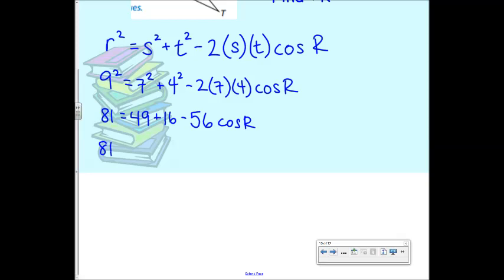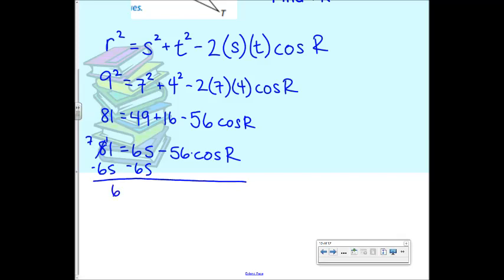Okay, are we going to do 65 minus 56 or subtract 65 from both sides? 65 from both sides, because you cannot do this since this is held together with what? Yeah, so you've got to do minus 65, bless you. And you end up with negative 56 times cosine R. How do I get rid of the negative 56?